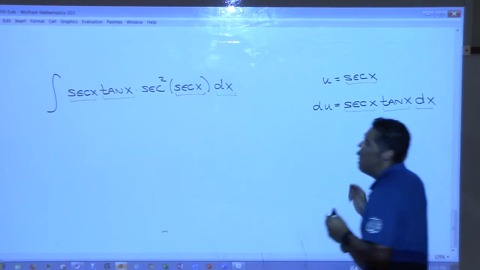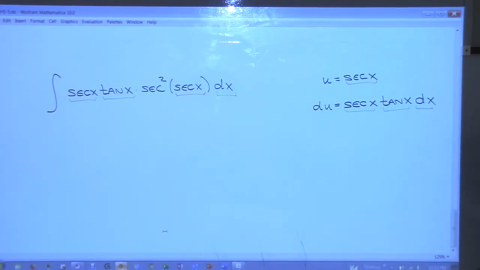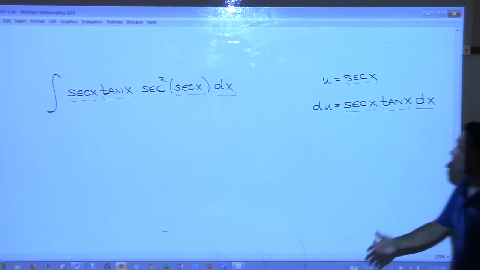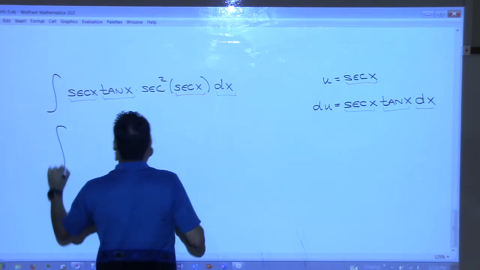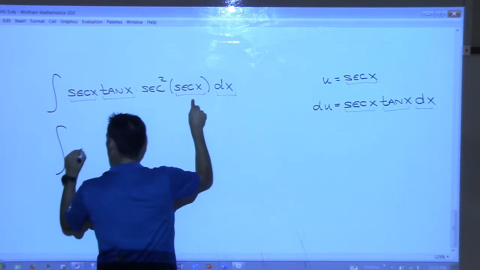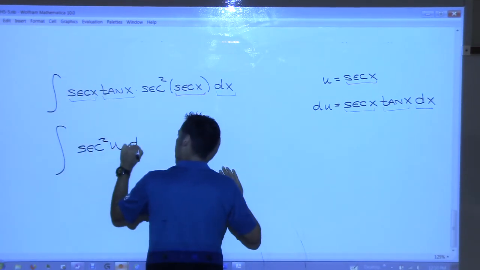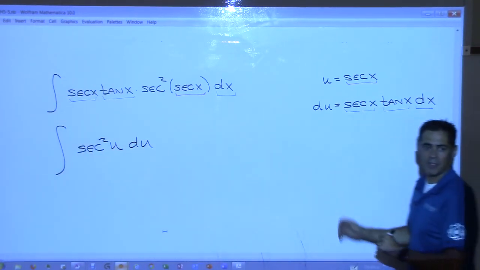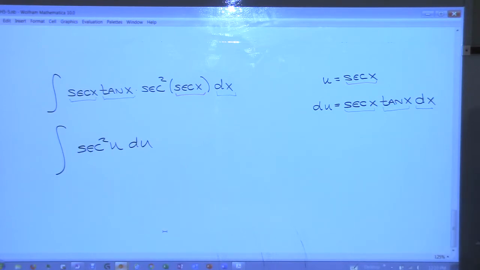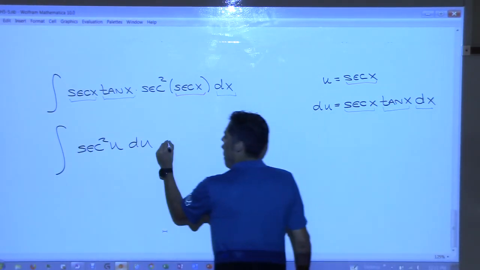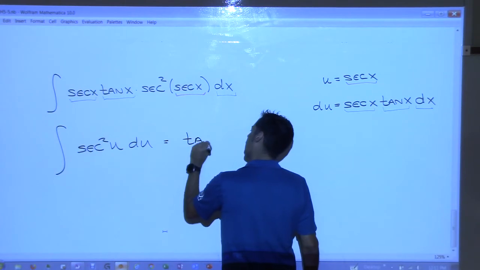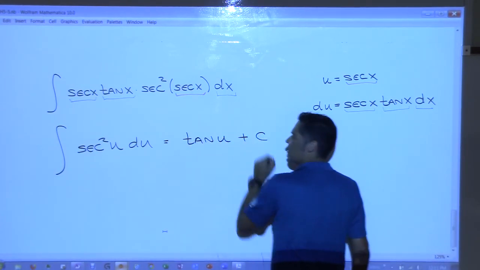So Chris, when we rewrite this, what's it going to be? Secant squared u, and then everything else is du. And do you know what the antiderivative of secant squared is? Tangent of u plus c.